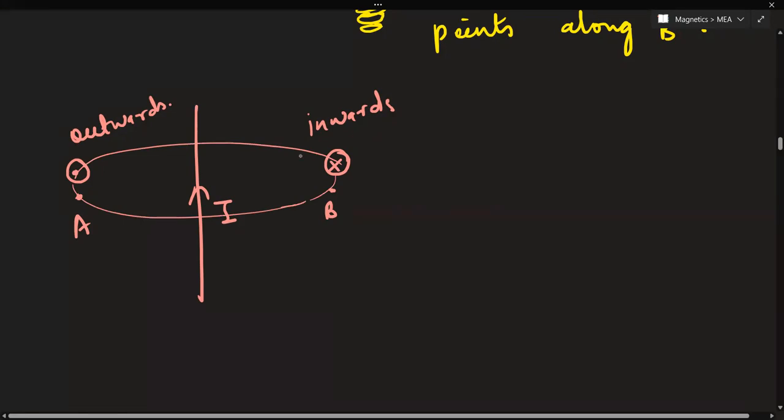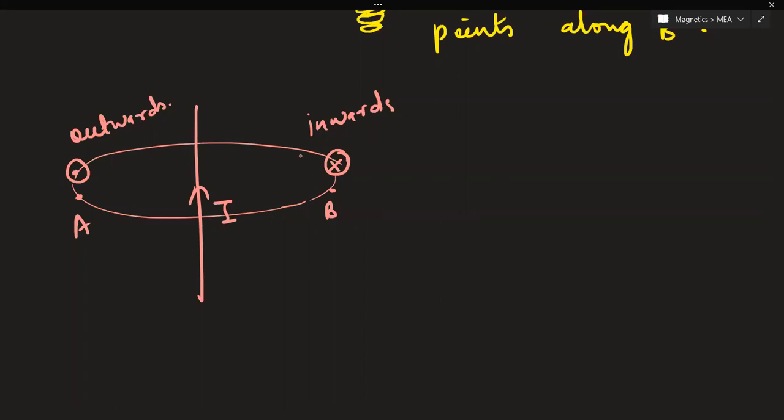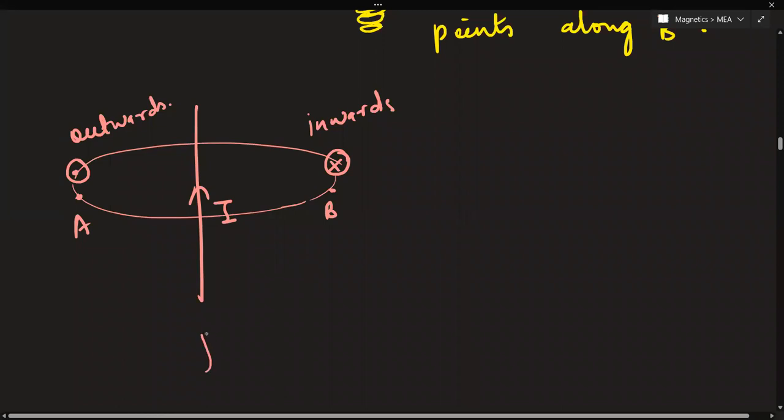Place your thumb along the screen. Whatever device you are using, mobile phone or laptop, place your thumb in the direction of the current which is flowing. This will be the direction of the thumb, pointed like this. And see the curvature of the fingers for the right hand: they will be moving inside right now. So here it will appear that your current is going up and the field is coming from this point.